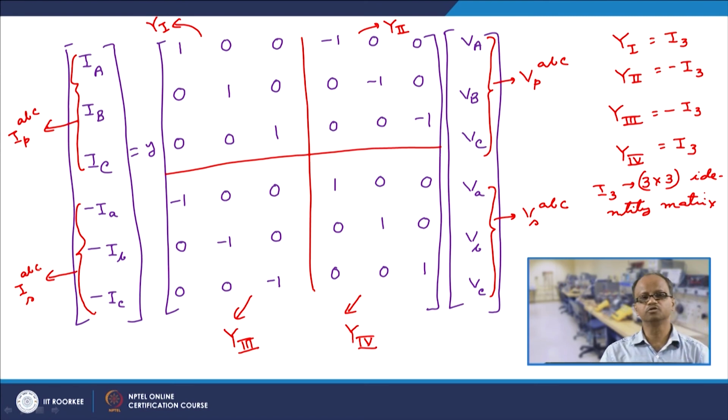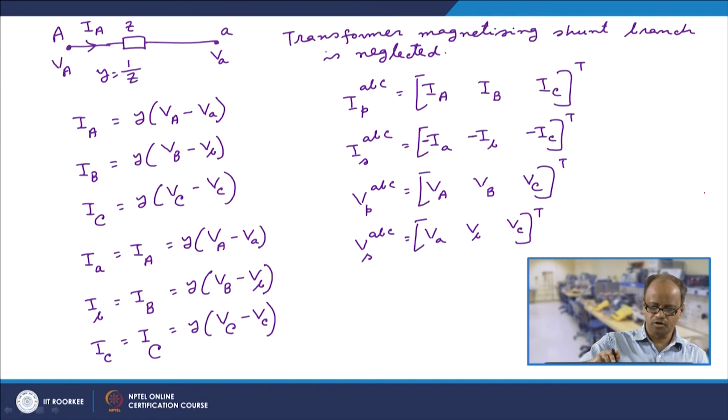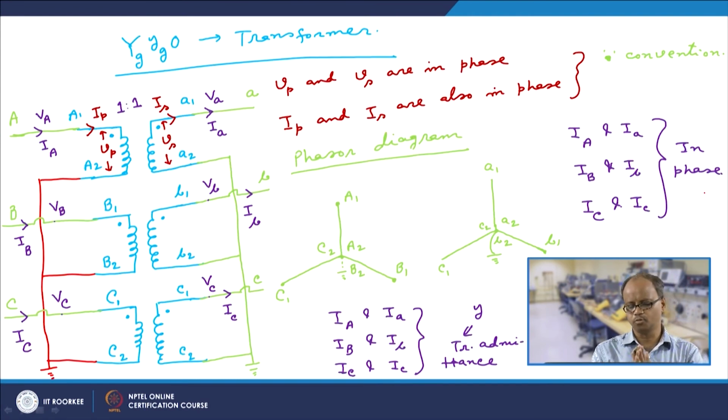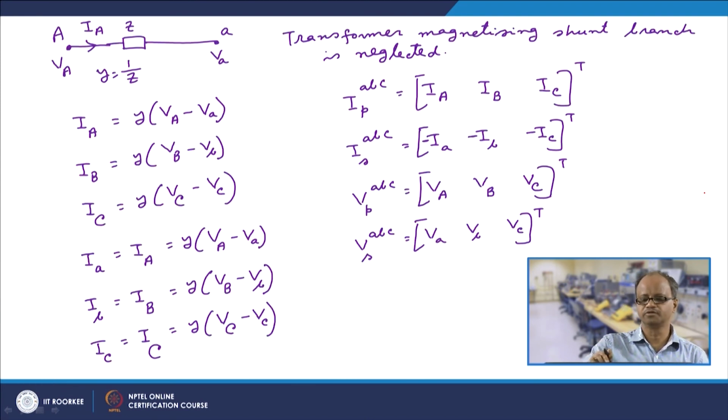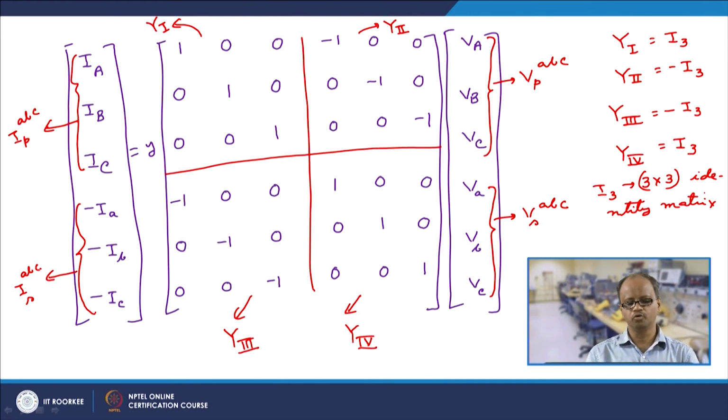So for a YG 0 transformer, just from the very basic principle of transformer modeling, the phasor diagram and the basic operational principle of the transformer, we can directly derive all these four submatrices. So we really do not have to remember anything; just following the basic principles of transformer operation we can simply derive the transformer matrices.